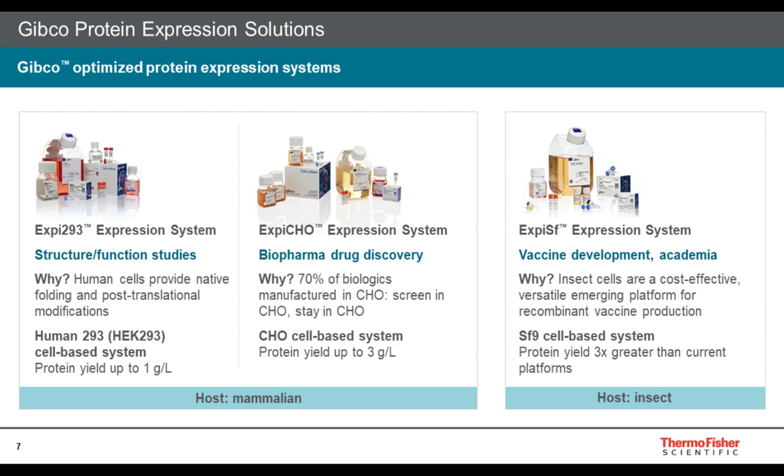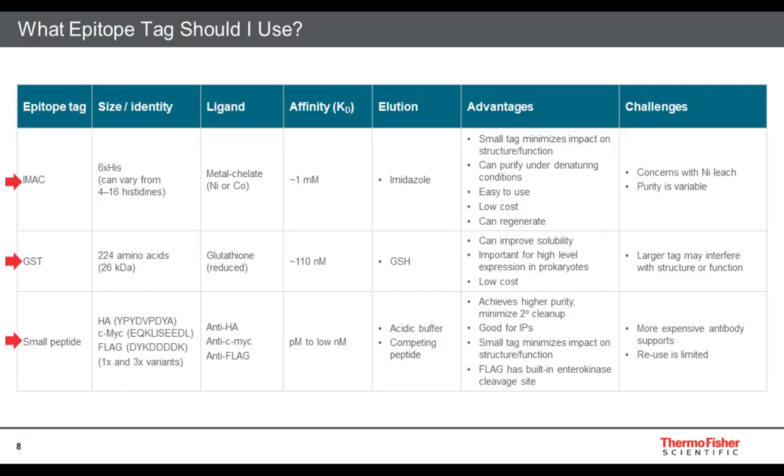CHO, or Chinese hamster ovary cells, are the workhorse of biopharma, as many biologics are expressed in CHO. Both systems generate high protein yields of up to 1 to 3 grams per liter. More recently, an optimized insect cell, or Sf, system has been developed to provide cost-effective platforms for academicians as well as biopharma doing vaccine development.